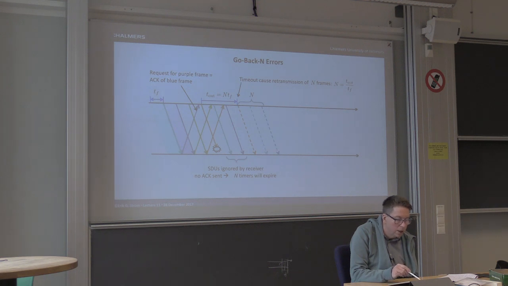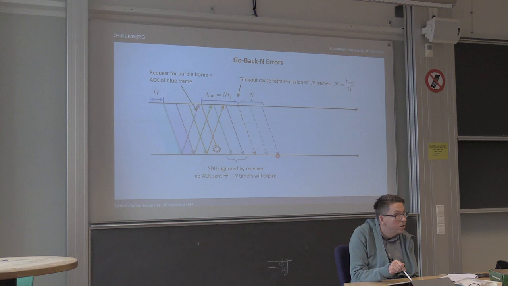So that is then transmitted at this point in time. Now, the blue one here will also have a timeout that expires here, and then the blue frame will be retransmitted. The purple frame also has a timeout that will expire here, and that will be retransmitted. Okay.